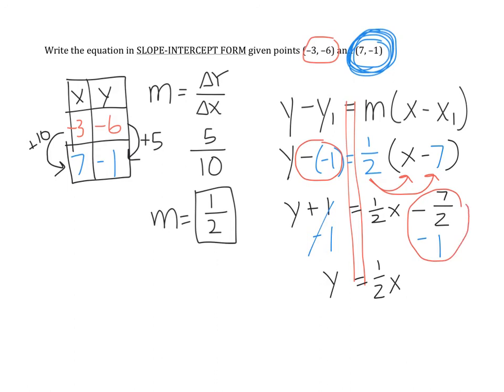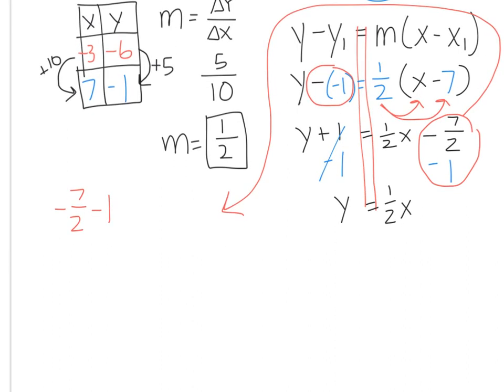So -7 over 2 minus 1. I'm going to come all the way around over here and do a little bit of fraction work. If I have -7 over 2 minus 1, I have to rewrite that in a way that I have common denominators. I know because of my knowledge of fractions that I can rewrite 1 as 2 over 2.